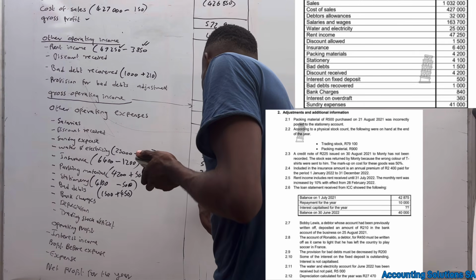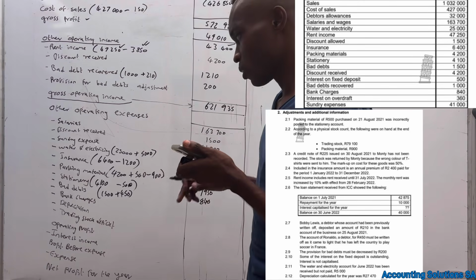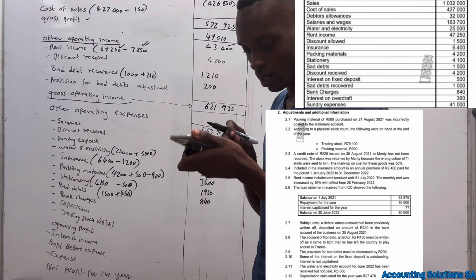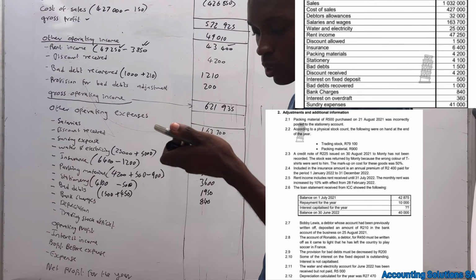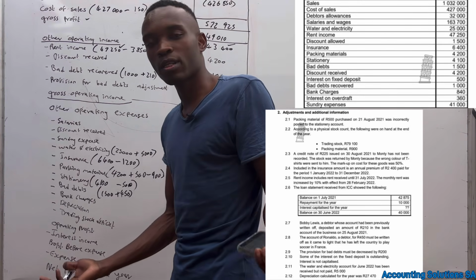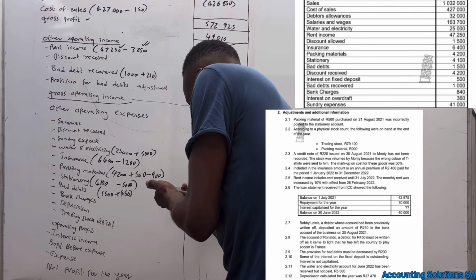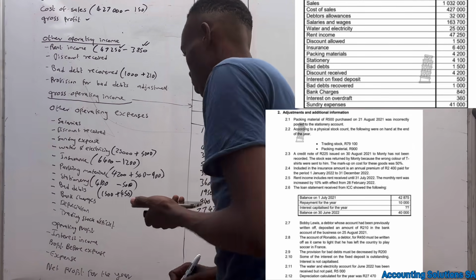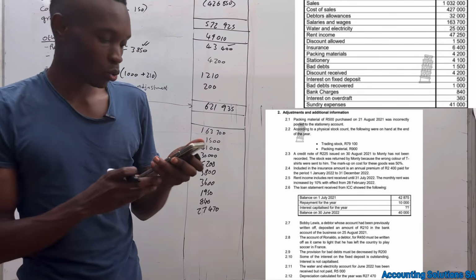It's 840. And the other one, we're gonna go to depreciation 2.12. Depreciation calculated for the year was 27,470. Depreciation is an expense. 27,470.